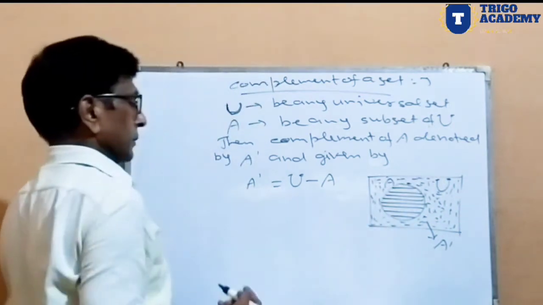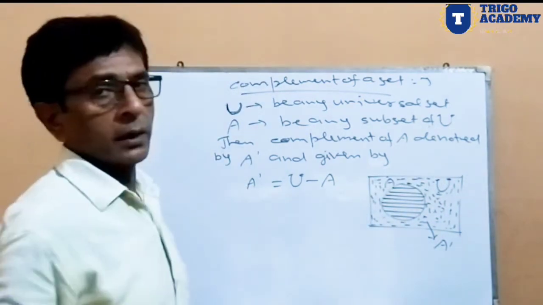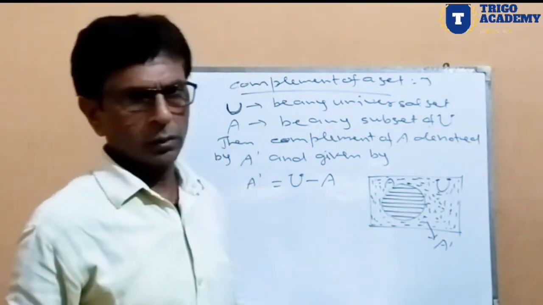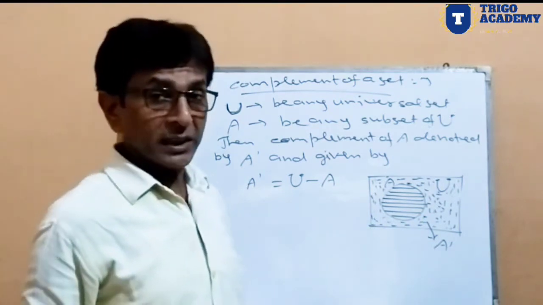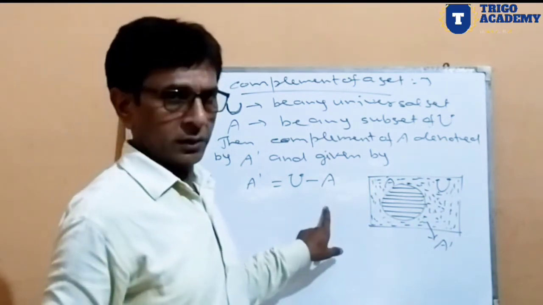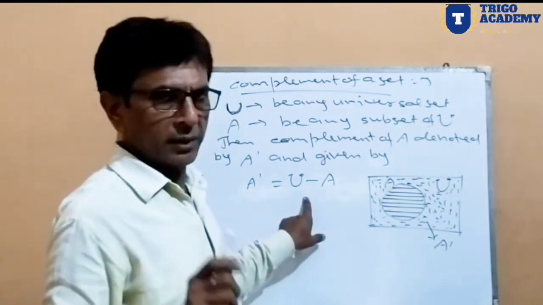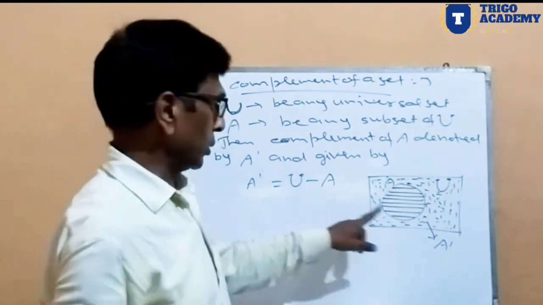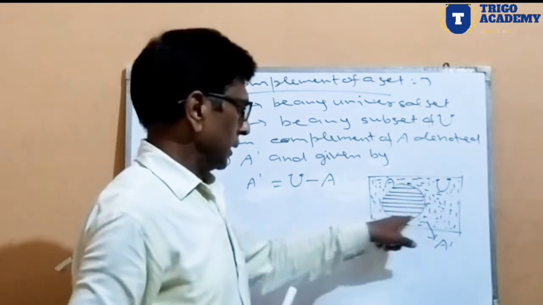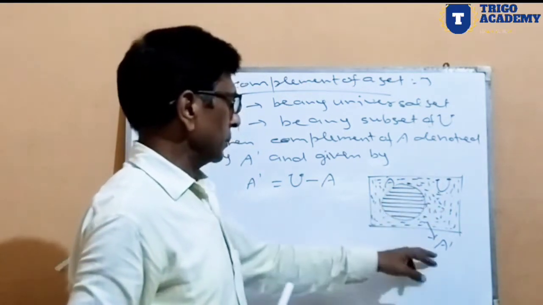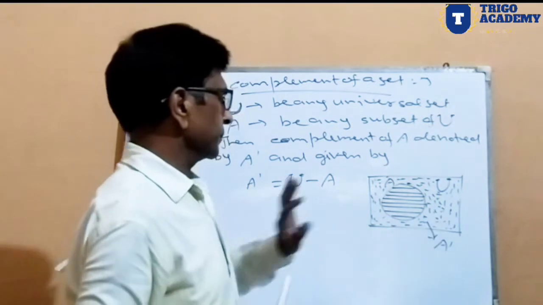So A dash is also a set which contains only elements of U, not of A. A dash के अंदर सिर्फ U के एलिमेंट्स होंगे, A के एलिमेंट्स नहीं होंगे. This dotted region represents only A dash.